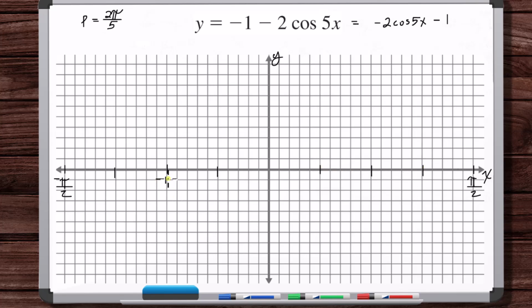All right, minus pi divided by 4. Okay, so let's see, minus pi divided by 8. And then pi over 4 plus pi over 8 is 3 pi over 8.